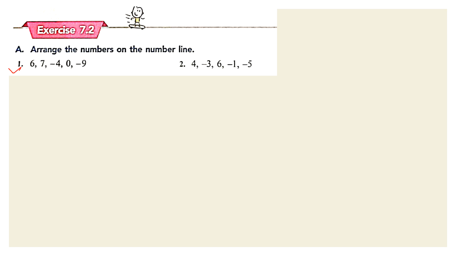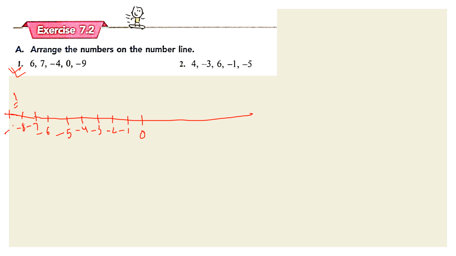So we are going to do question number 1. If this is the number line, this is 0. On this side we are having minus 1, minus 2, minus 3, minus 4, minus 5, minus 6, minus 7, minus 8, and we have got minus 9.